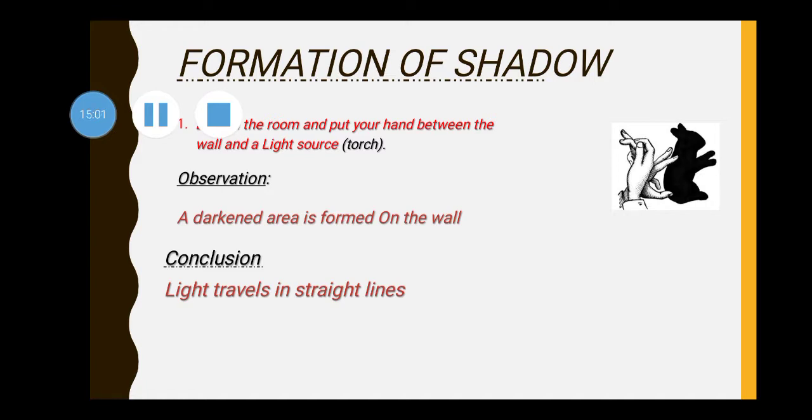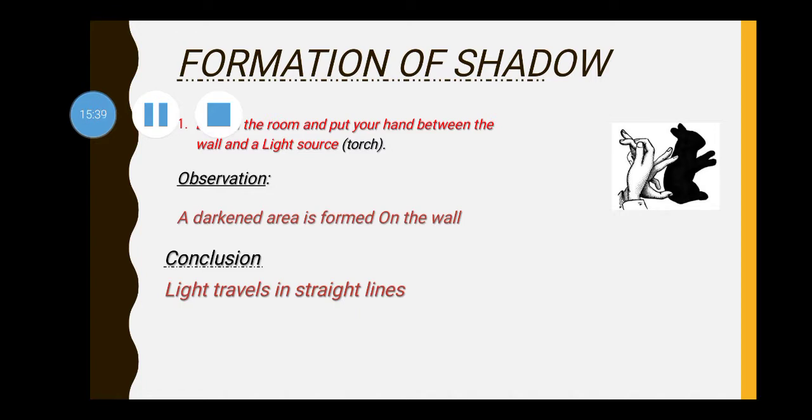We know, and we will know more details about it, that there are materials that allow light to pass through them, and there are other materials that do not allow light to pass through them. Because of the objects or materials which do not allow light to pass through, the shadow also happens. If we have an object between the wall and the source of light, we will notice that the shadow will form behind the object.